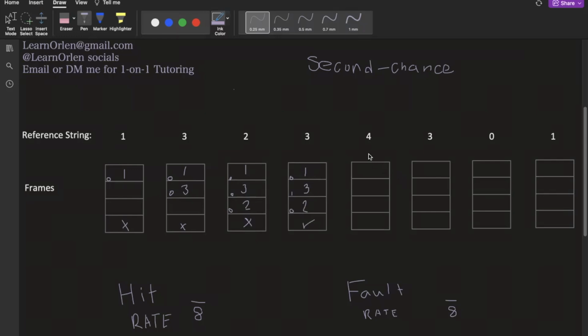Next we have 4. Sorry, 4 is to come in, replacing 1, because it operates as a FIFO. And 4 is a 0. 3 is still binary bit 1, and 2.